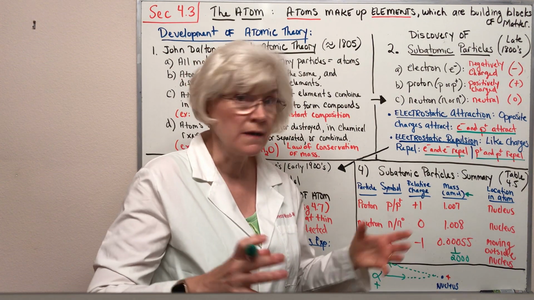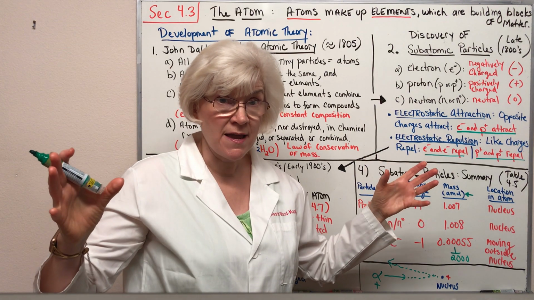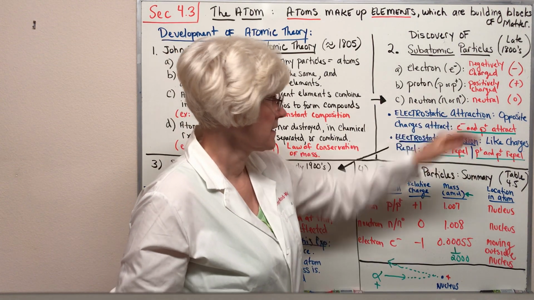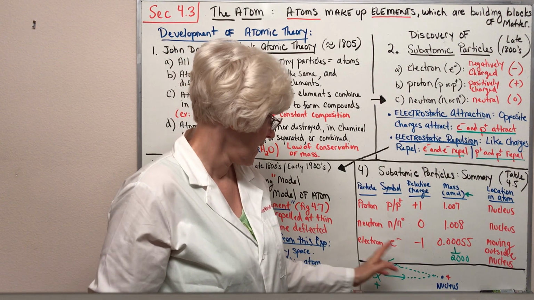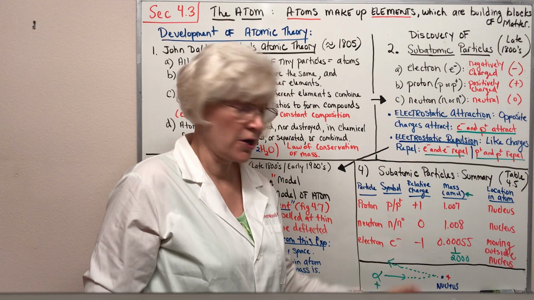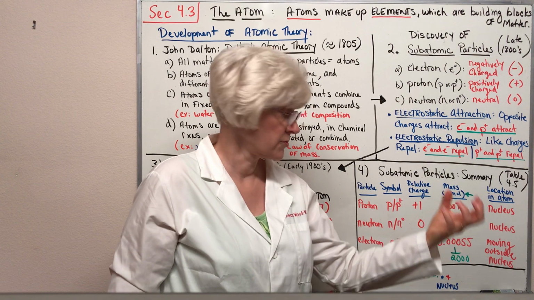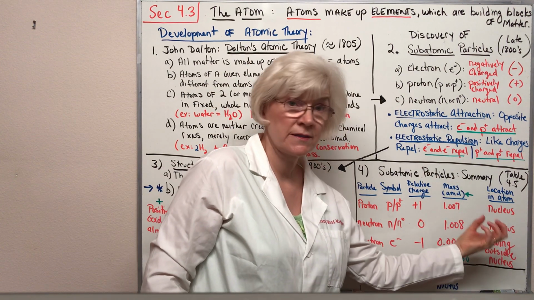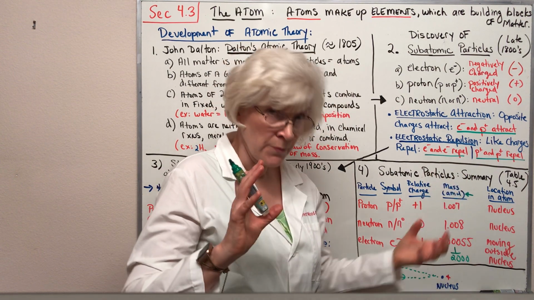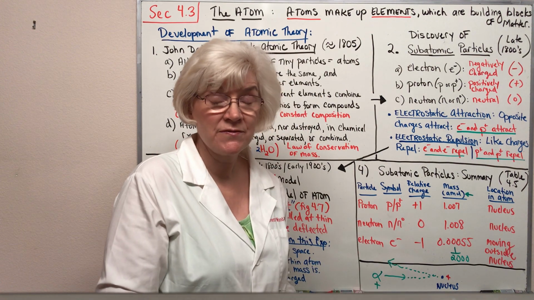Well, if they're moving, why don't they just fly away? And the answer is electrostatic attraction. The electron is negatively charged, and electrostatic forces of attraction hold the electrons in contact with the nucleus, moving around outside of the nucleus.